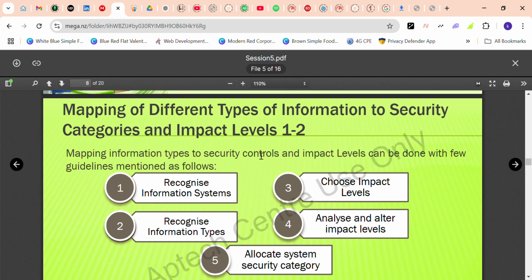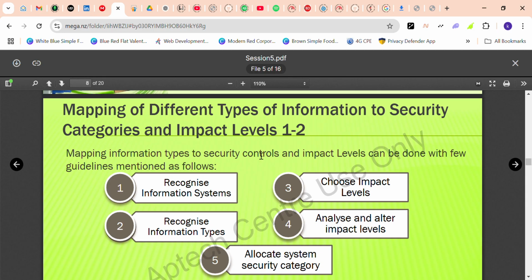And number four is to analyze and alter the impact level. You need to analyze the impact level, and you need to alter it so you'll be able to determine the kind of damages it will cause. And then allocate the system security category, like the one I explained: you have to put it in moderate, critical, or, who can remind me of the last one I mentioned?